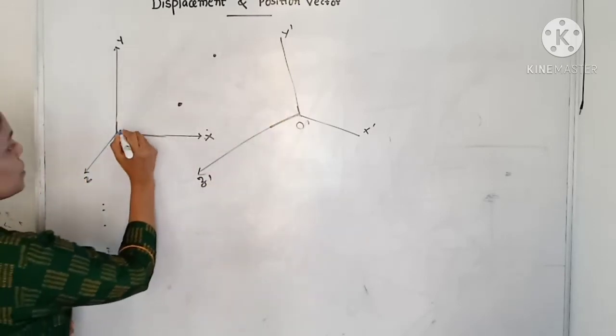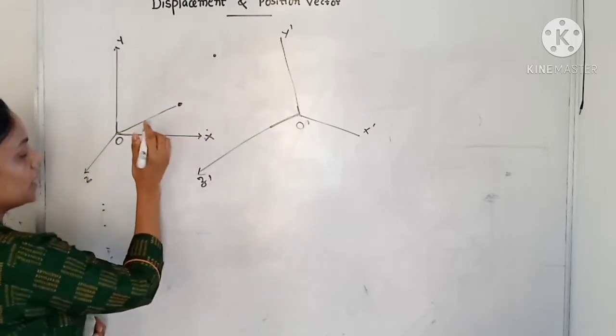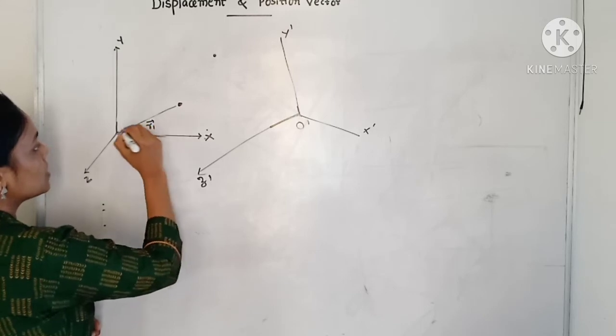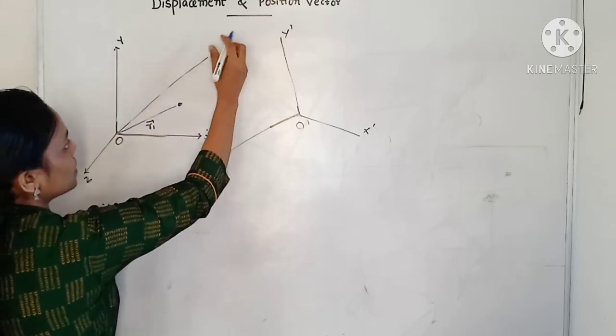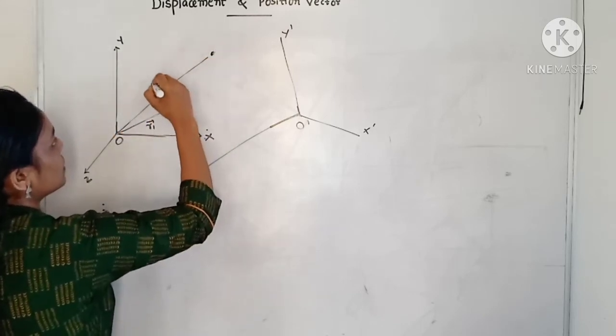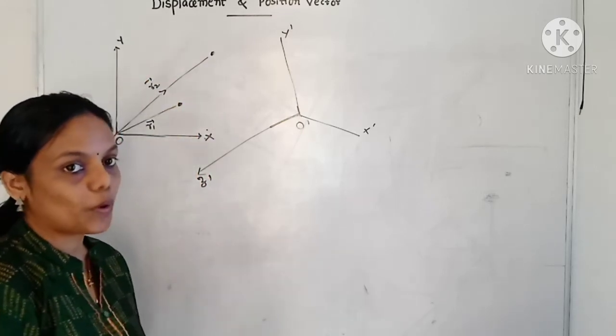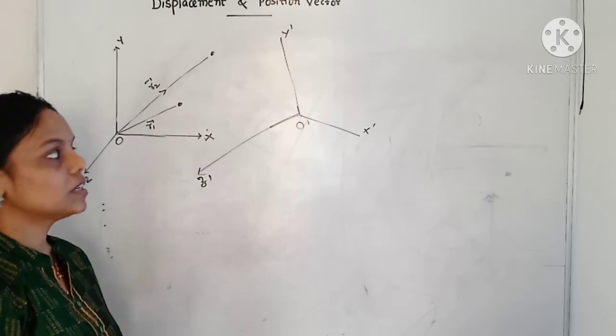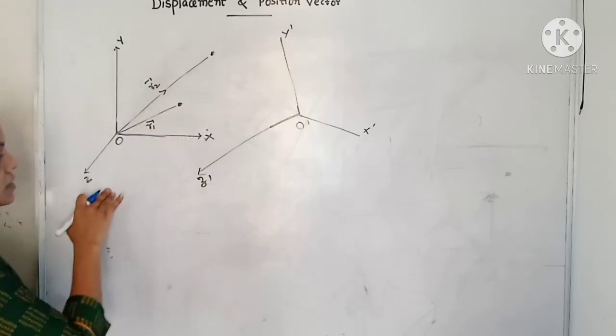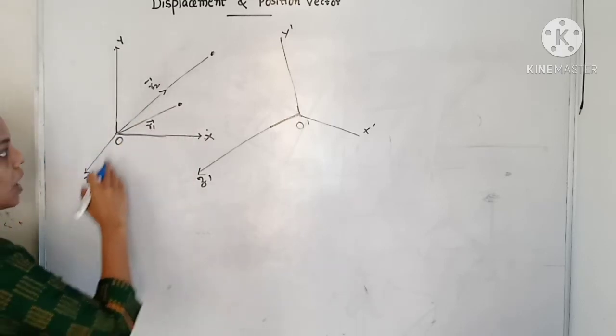Let r1 be the position vector of the first point, and r2 be the position vector of the second point, or the displaced point, from the first coordinate system.